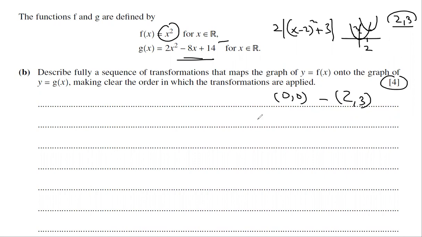So how you would do this? You would say, sir, it's translation. Easiest one is like this, translation 2, 3. This is the translation which is done. I hope that it is clear.